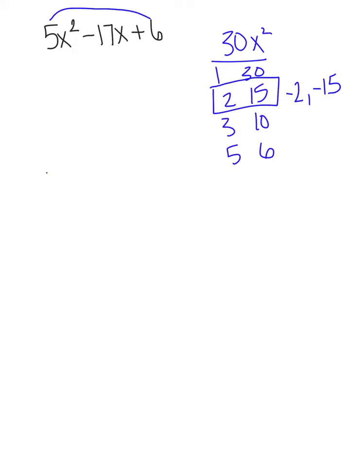So with those values I'm going to set up my preliminary binomials. Okay, now we had 5 as our leading term for the x squared value. That means I'm going to divide by 5 on each of my binomials.